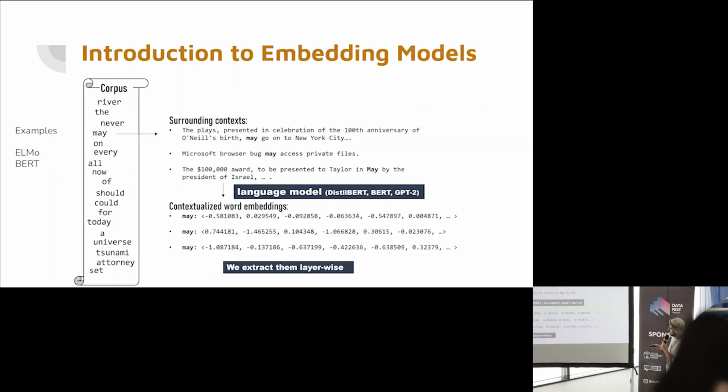The other way of representing words is the contextual embedding, in which case we generate the word's representation depending on the context. So if we have three different sentences, the word will have different embeddings in each sentence as it depends on the context. And this is good, as we will always have the word's representation depending on the context, and even if the word has different meanings, we will catch all of them.